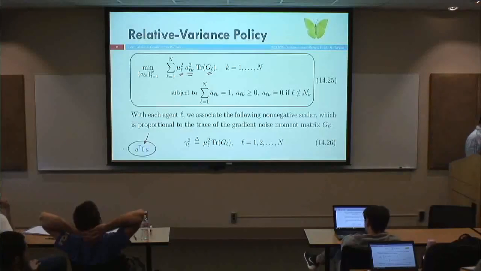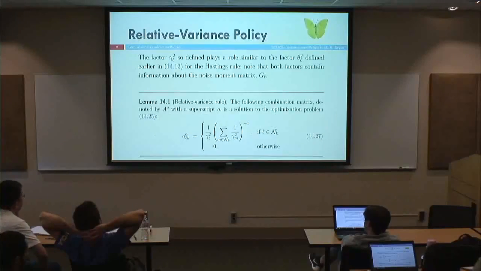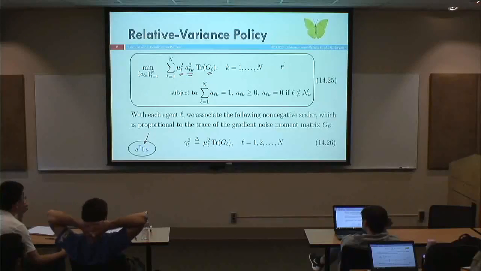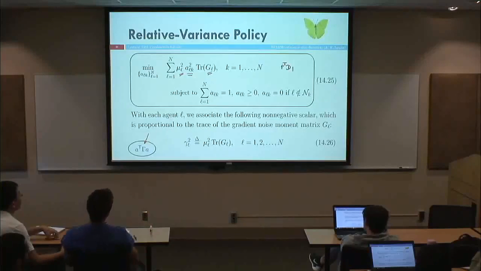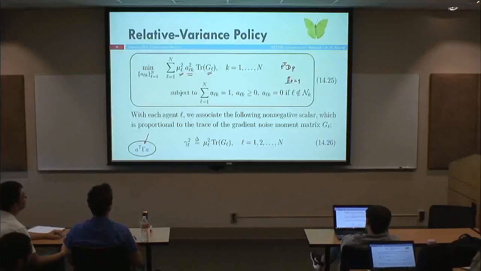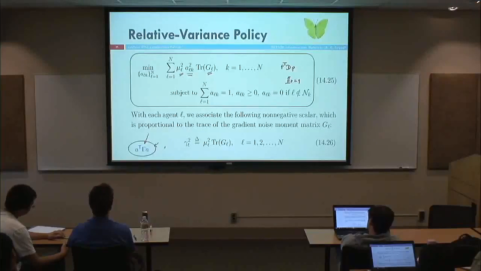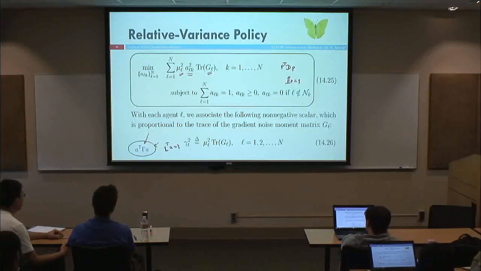So if you do that, you get a very similar expression to what we got last time, because last time we minimized a similar expression over the P's, subject to the condition that the P's added up to 1. This is the vector of 1s. Here you have something similar, subject to the condition that these A's add up to 1 also, and non-negative. So you get the same results.